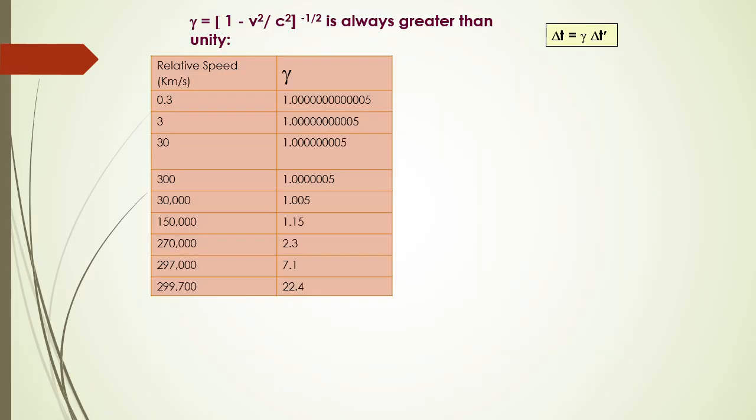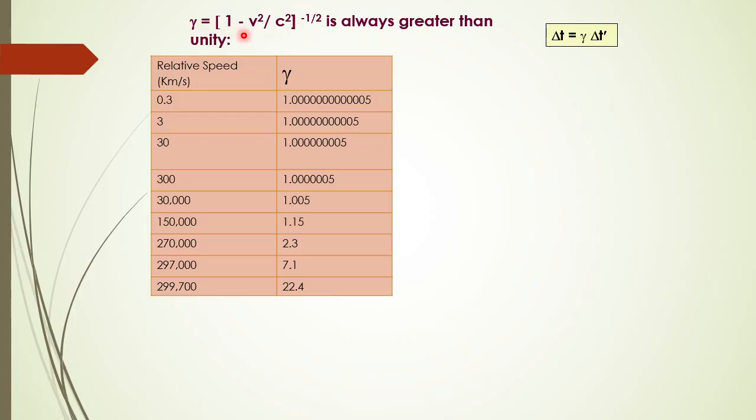Right, let's take a look at gamma. So gamma is a number that's always greater than or equal to 1. Why? If I substitute v equal to the speed of light, basically it will be 1 minus 1, which gives me 0, and 1 over the square root of 0 basically gives you infinity.